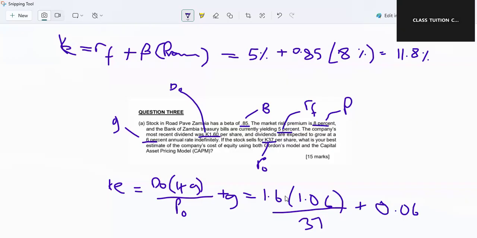What are we getting? That's 10.58%, as the final answer.